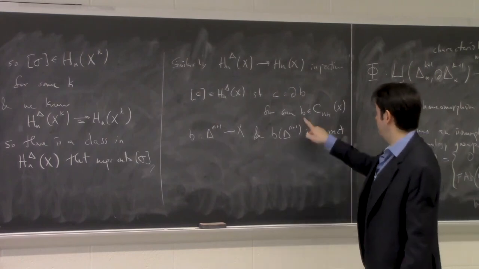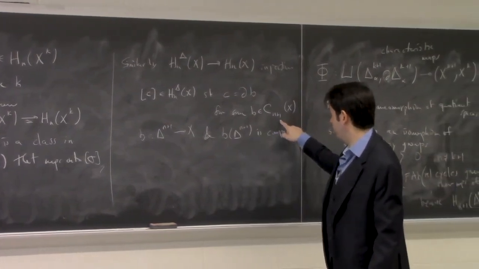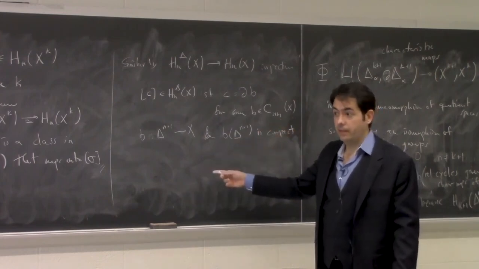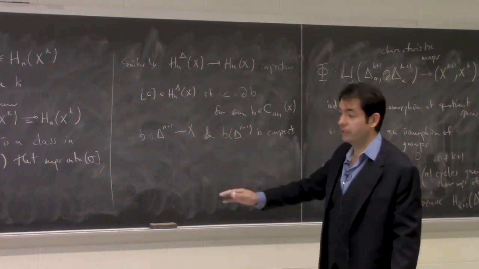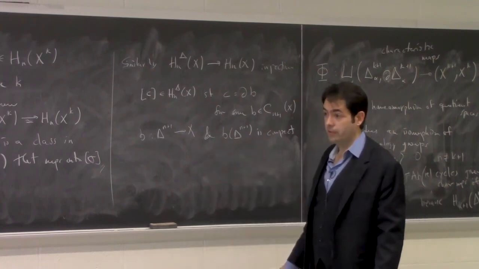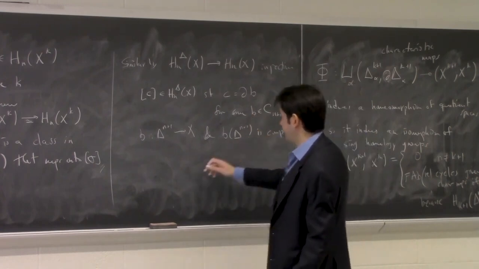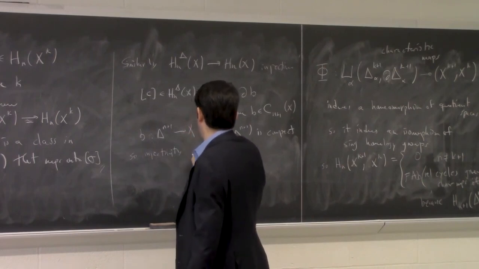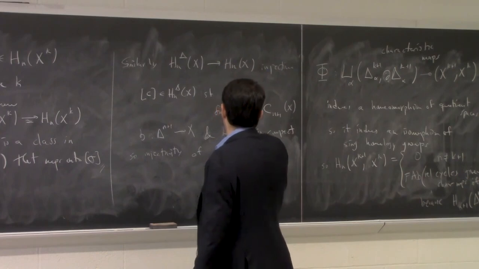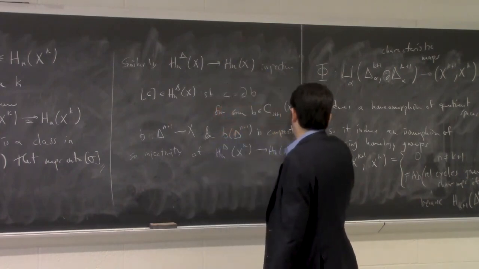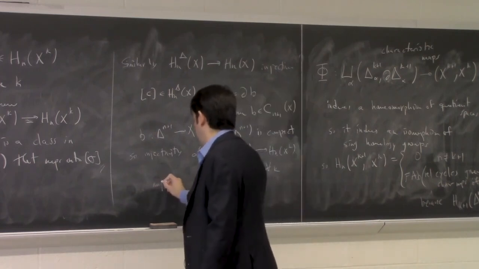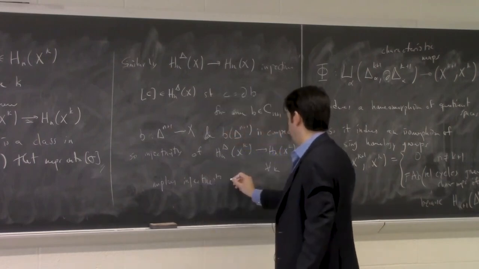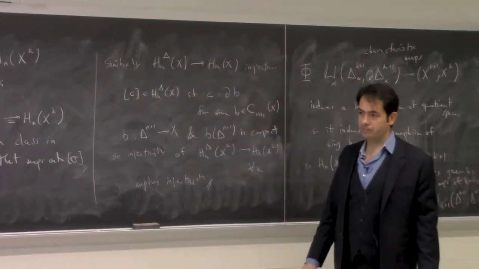Again, this B is a chain that only meets finitely many of the simplices from the delta complex structure of X, and so injectivity of Hn delta of Xk to Hn of Xk for every k implies injectivity. Okay, and we'll stop there.